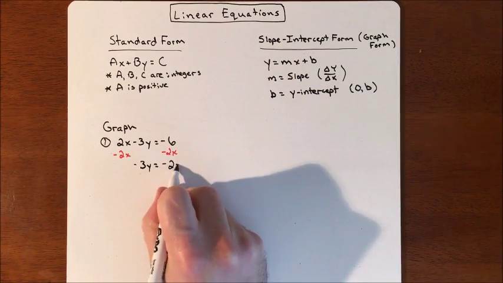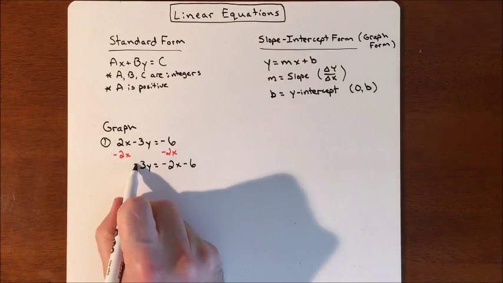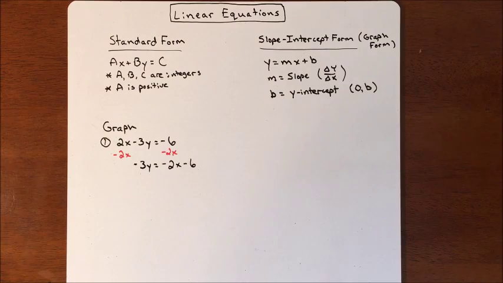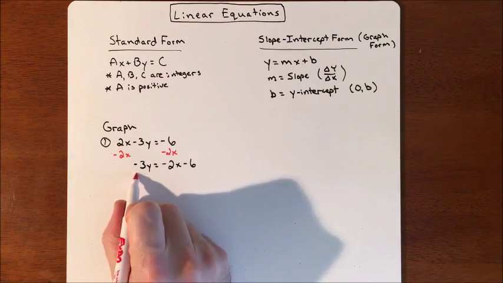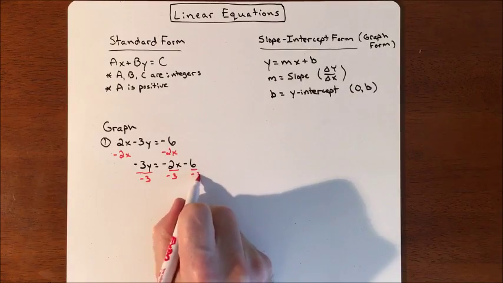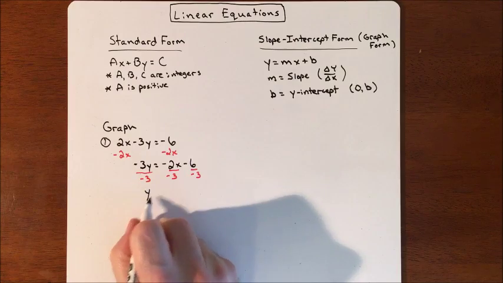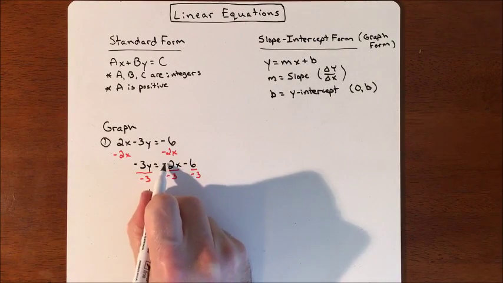So I'll put it like that. All right, so the y is not quite by itself. I have to get rid of the negative 3 that's multiplied to the y, so I'm going to divide each piece by negative 3.